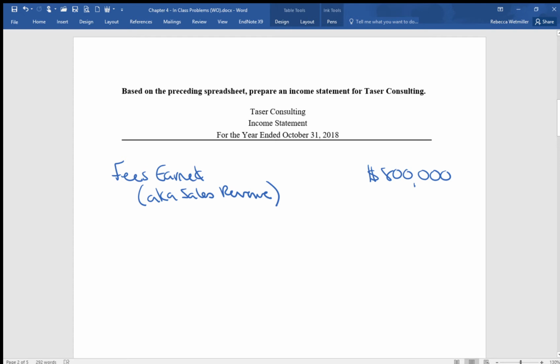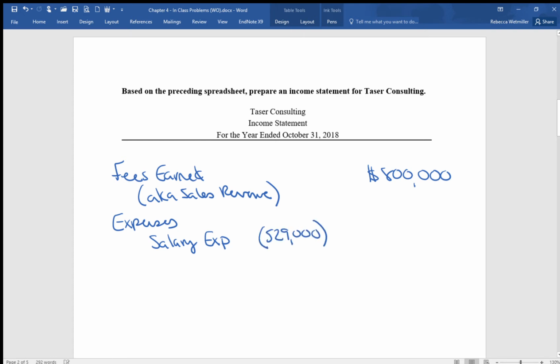Okay, then we move on to our expenses, and we're going to list each of them out individually. So the first thing we have is a salary expense. And we see from our adjusted trial balance that it is $529,000.